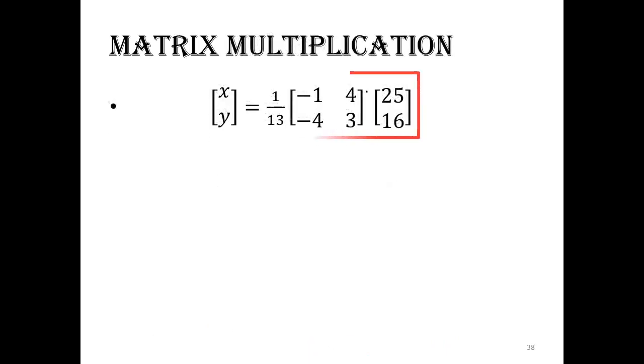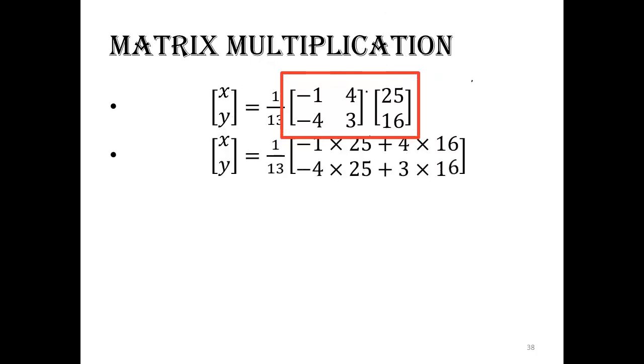Once we have calculated the inverse of the matrix, the next step is to multiply these two matrices by applying the multiplication rule and just doing some simplification.